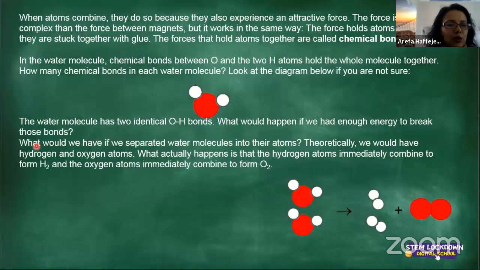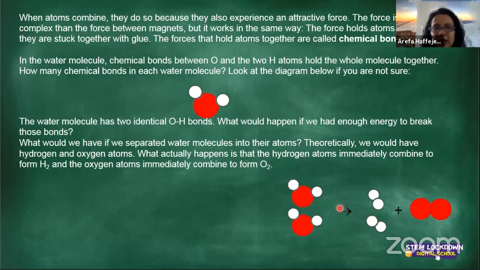What would we have if we separated water molecules into their atoms? Theoretically, we would have hydrogen atoms and oxygen atoms. What actually happens is that the hydrogen atoms immediately combine to form H2, and the oxygen atoms immediately combine to form oxygen. I will show it to you in this diagram here.